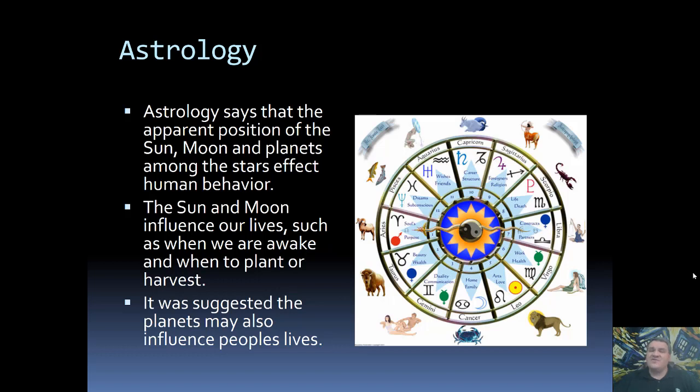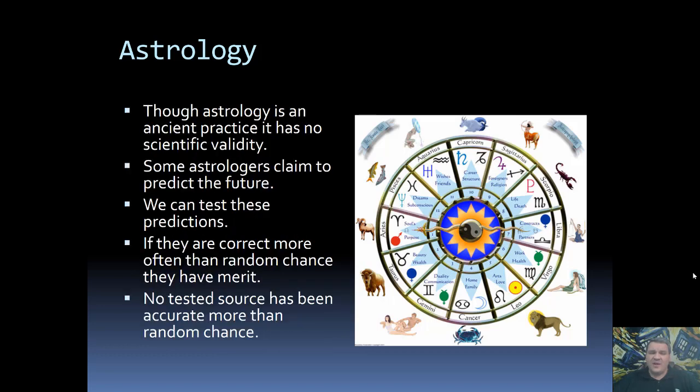Astrology is actually a pseudoscience. What that means is it has a lot of the characteristics, the words that we often use in science, but it's ignoring some of those key aspects. For example, one of the big problems with astrology is that they can make testable predictions, like science does.